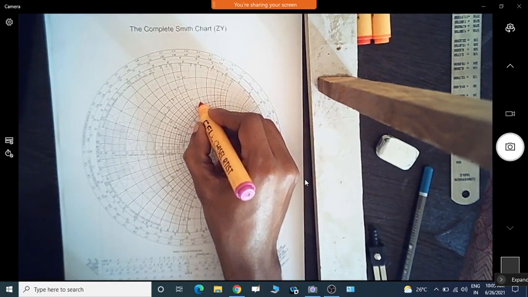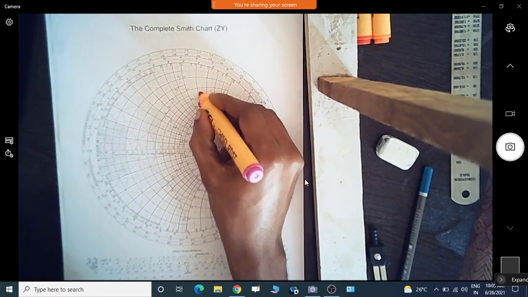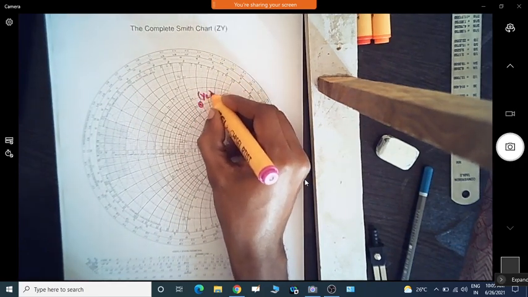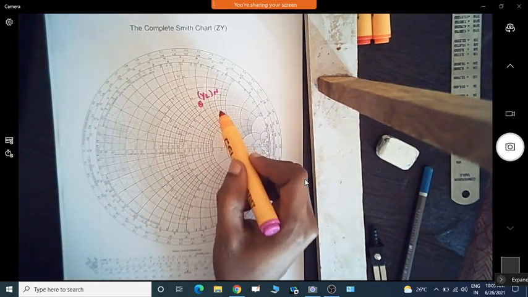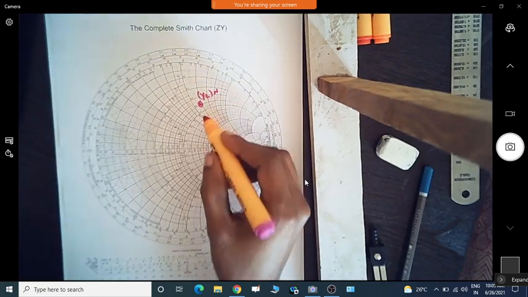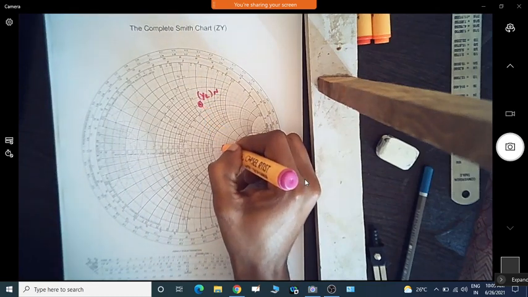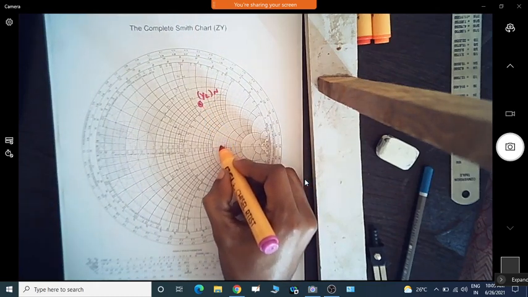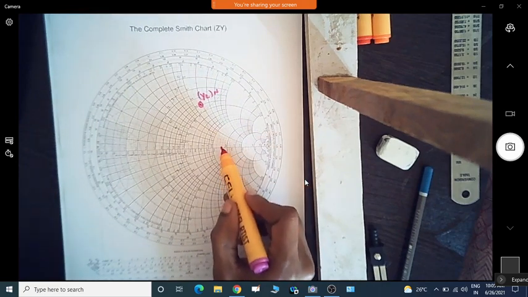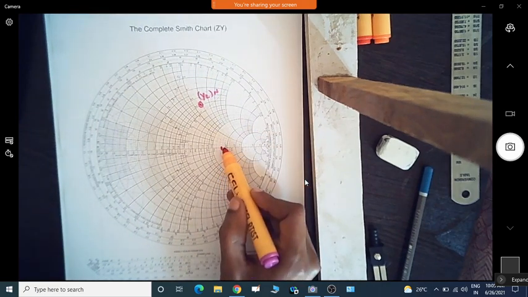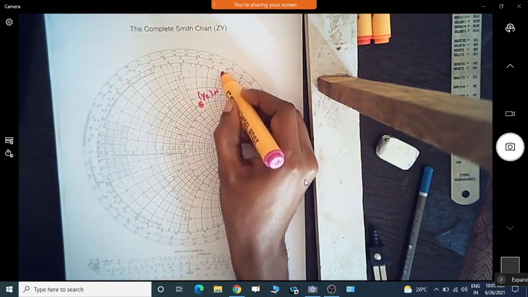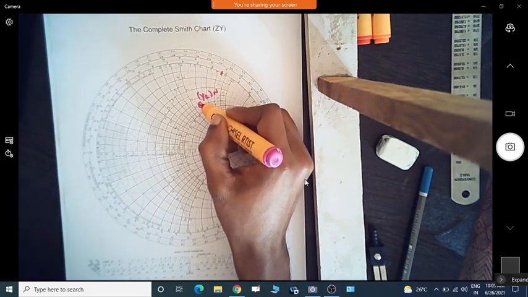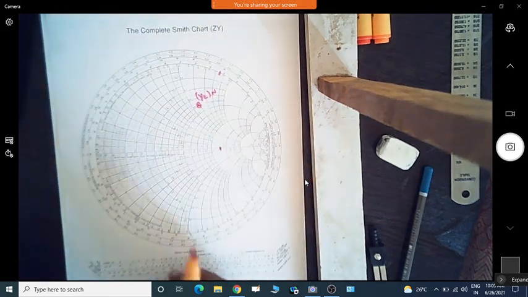This is the point where we have our normalized YL. The conductance value is 0.4 and here it is 0.6. The meeting of these two gives us the normalized admittance.